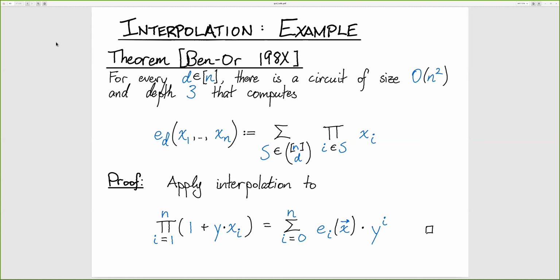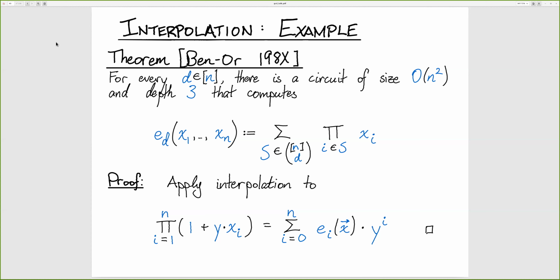As a polynomial in y, its coefficients are exactly the elementary symmetric functions. So now you apply the interpolation that I showed you a few slides ago. You can take linear combinations of evaluations of this polynomial and get back the elementary symmetric functions. So you can compute these in quadratic size and in low depth. That's one application of interpolation. This gives you a sense of what you can do with it.